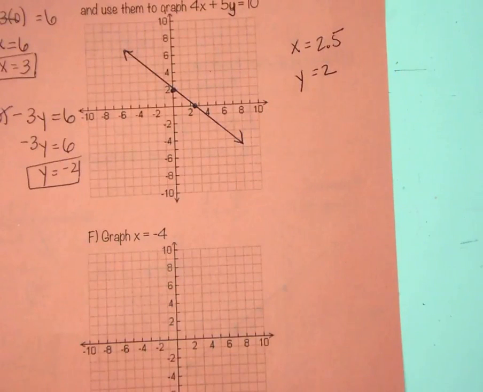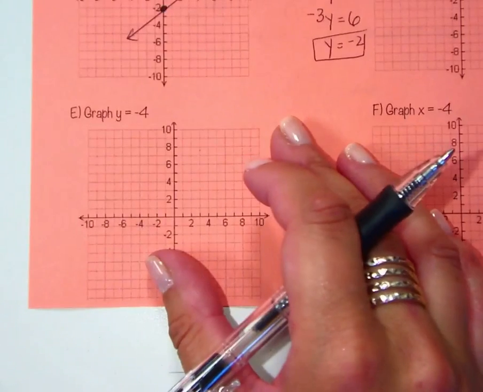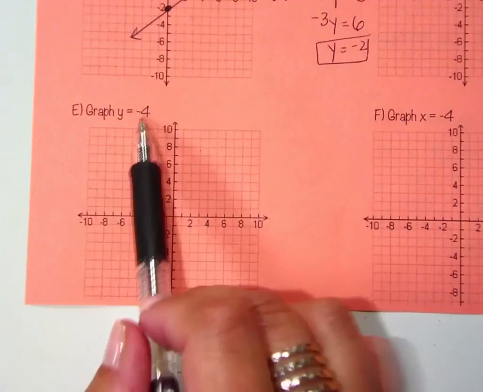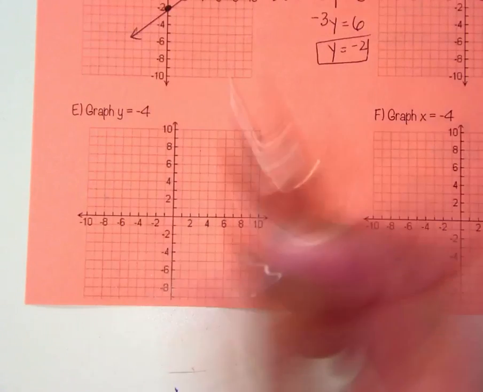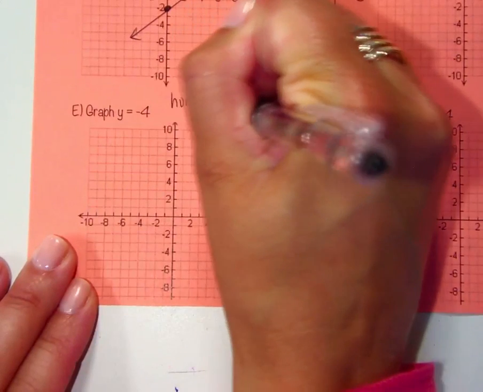All right, the very last little thing are the special cases that we have with linear equations, our horizontal and vertical lines. If you look at y equals negative 4, notice that there is no x term here. If it's just y equals, this is a horizontal line.